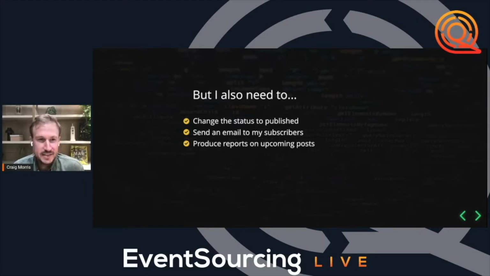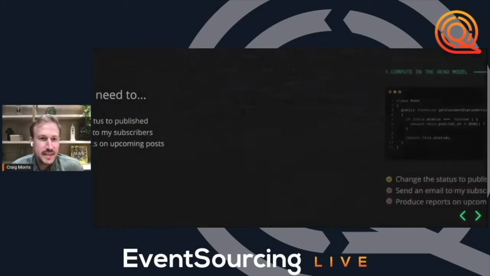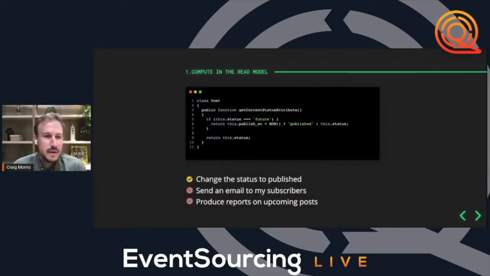Okay, cool. Let's get into the first one. A lot of ORMs these days have the concept of a computed attribute. So we've got our status, which is going to be draft, published, or future. And then we can introduce a dynamic or computed attribute called current status, which is a combination of status and then the publish at, and it computes that value.